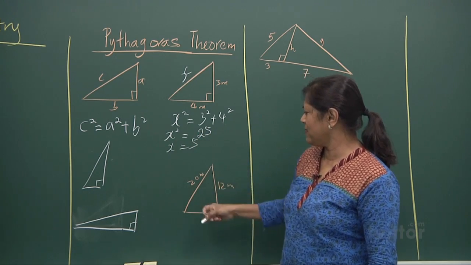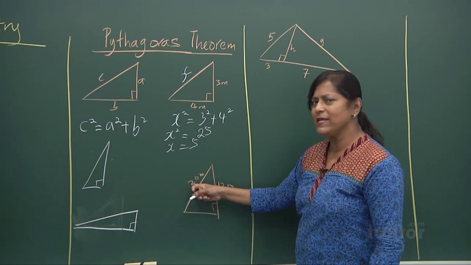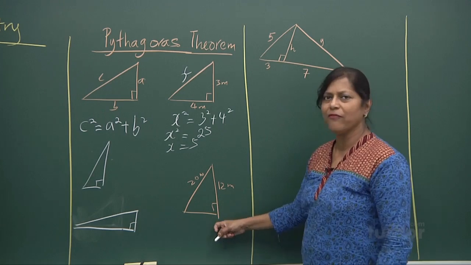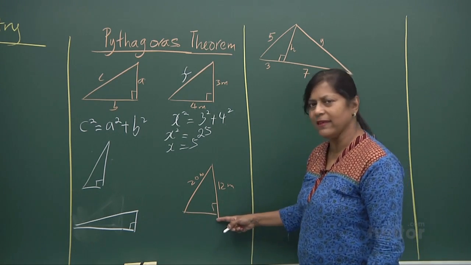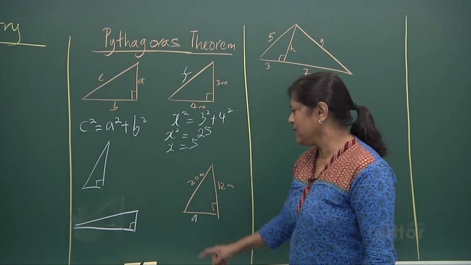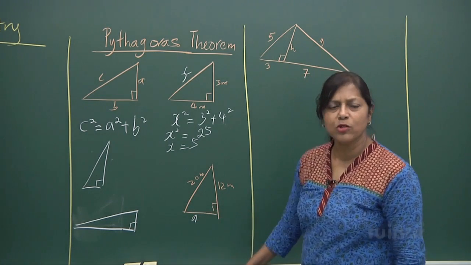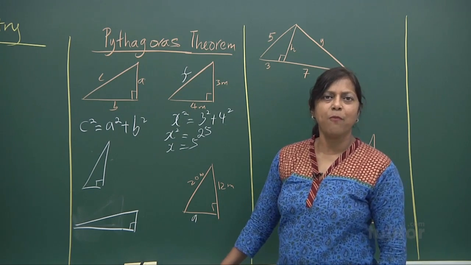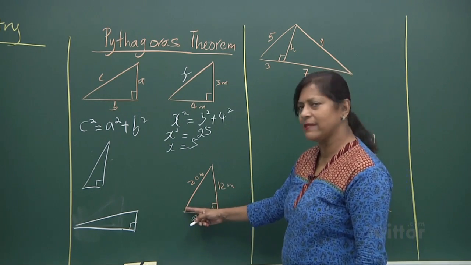Now, if you look at this triangle, you have 20 meters here and 12 meters here. What's the length here? Give it a name, call it maybe A. These are sides. You've got to recognize where your hypotenuse is. Ooh, that's there.